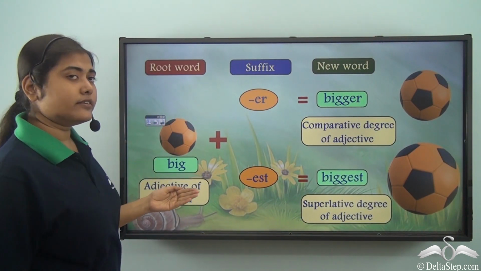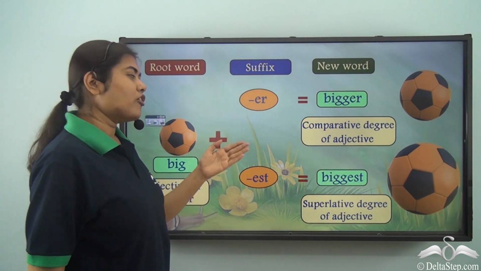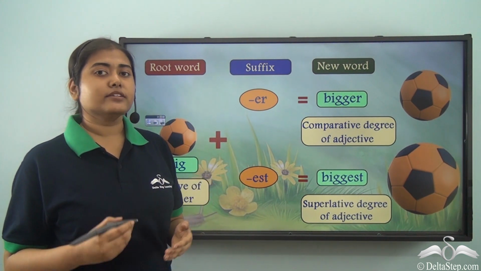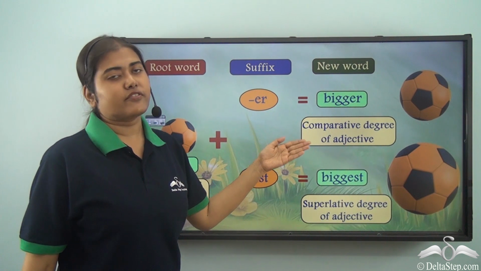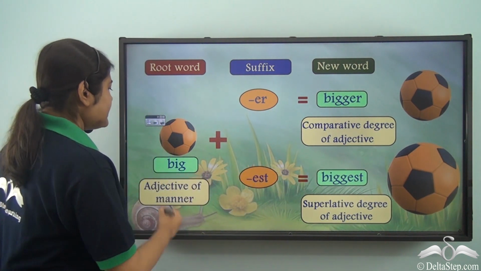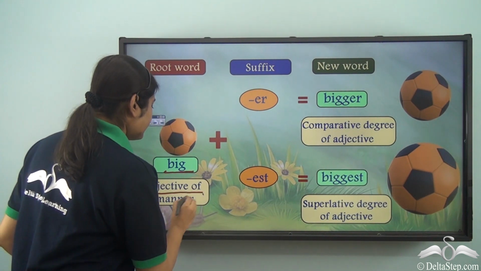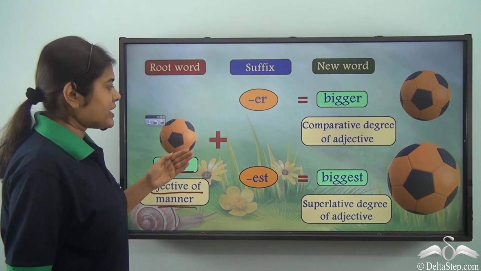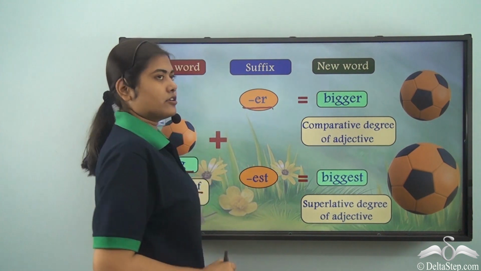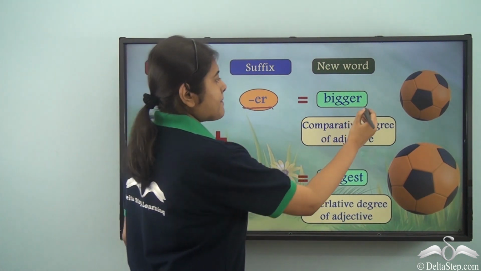Now, another important usage of suffixes is to make different degrees of adjectives. For example, the word big. This is the adjective of manner. When I add the suffix er to big, I get bigger.